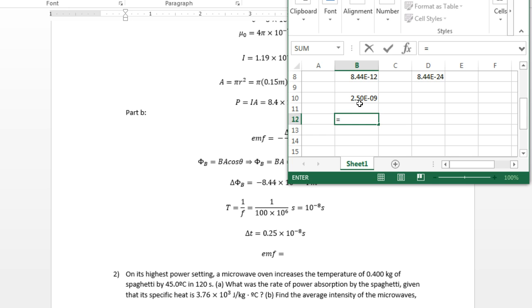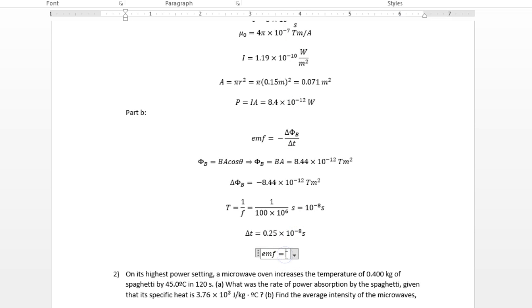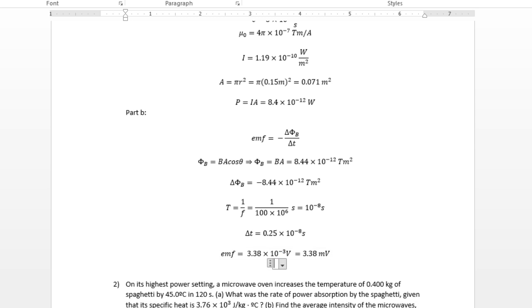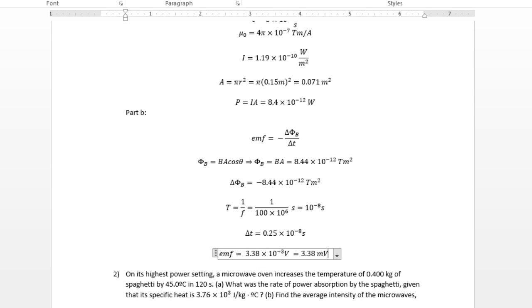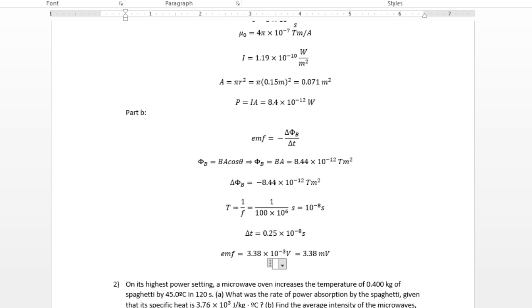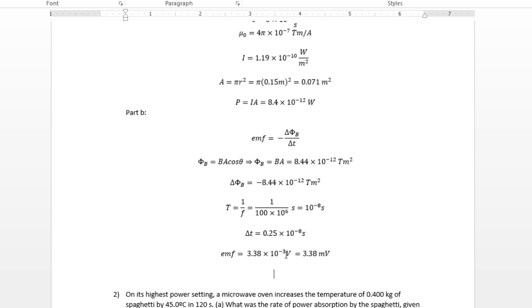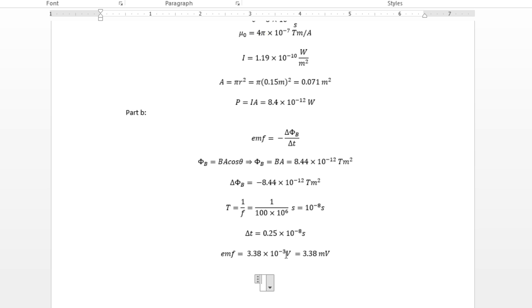And so the flux divided by the time is 3.38 times 10 to the minus 3 volts, right, which is 3.38 millivolts. And that's it for part B.